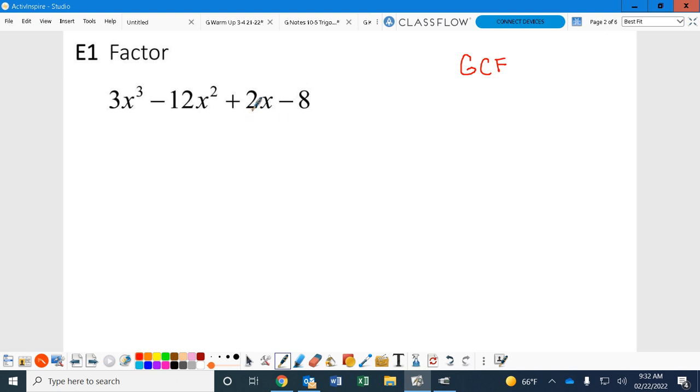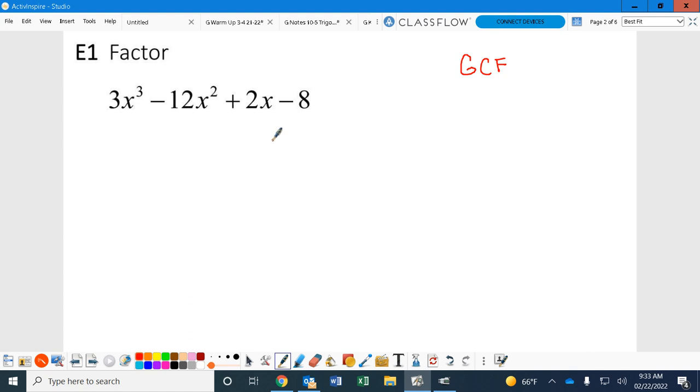That's the smallest number here. Does 2 divide into 3, 12, and 8? It has to go into all of them, guys. No. Because of that, there's no number that will go into all of them. Is there a variable that's common to all of them? No. So at that point, you're done with looking for a GCF for the whole thing. We're going to do it again in a minute.